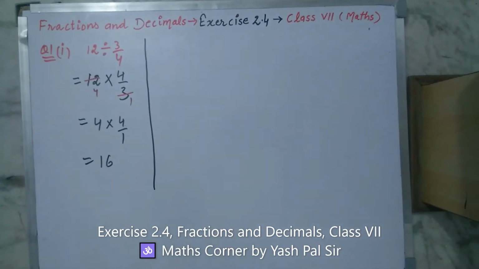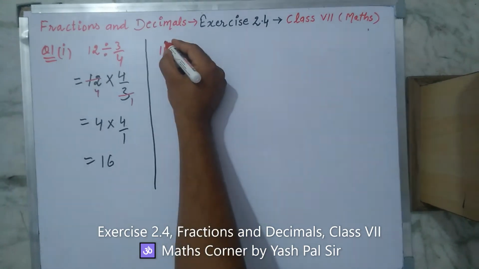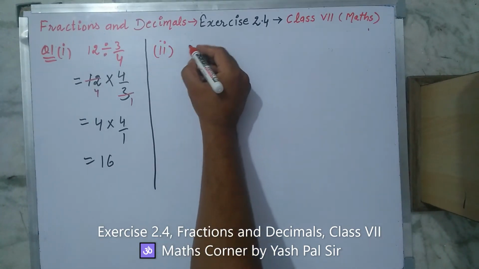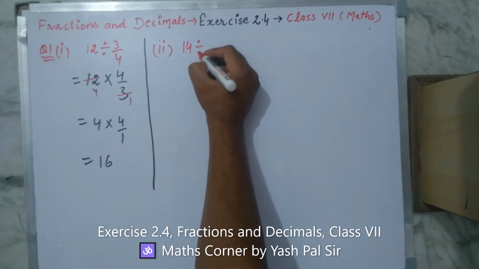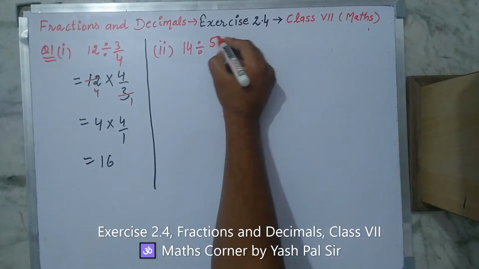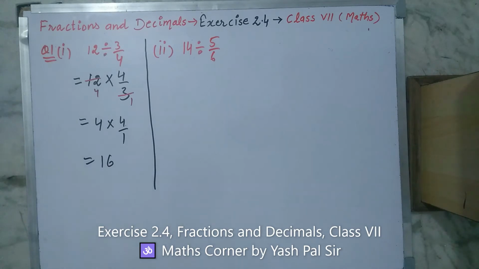Now coming to the next part. Part number 2 is 14 divide 5 upon 6. How to solve now?